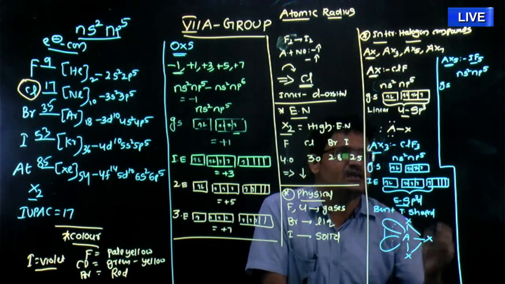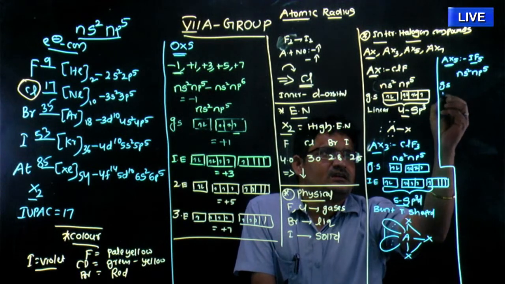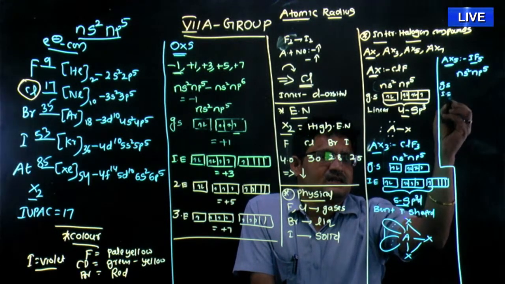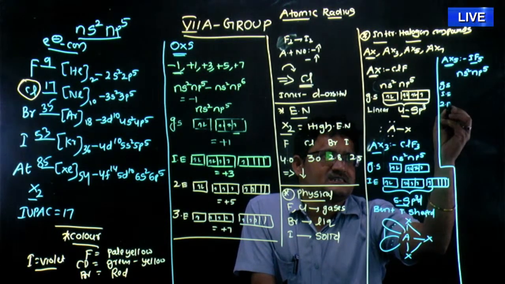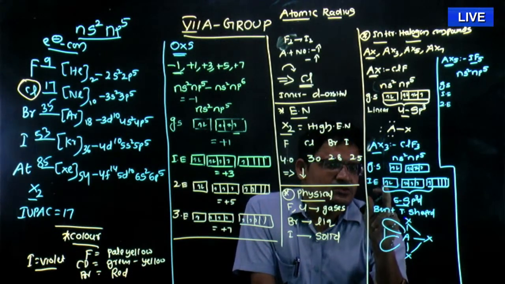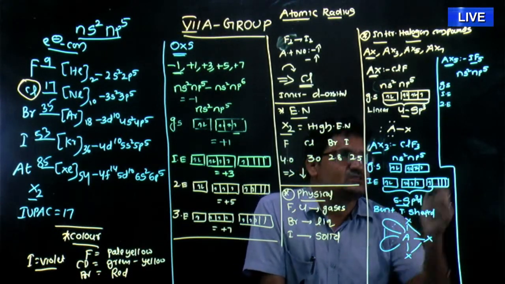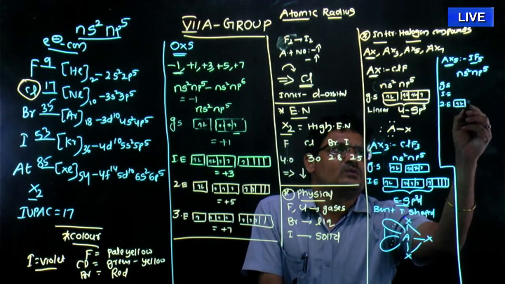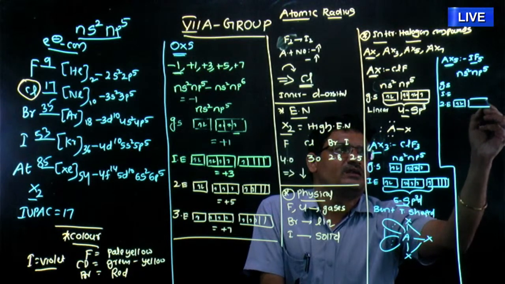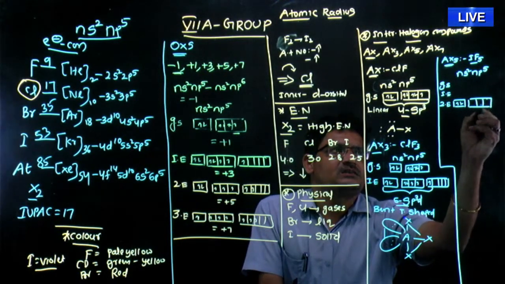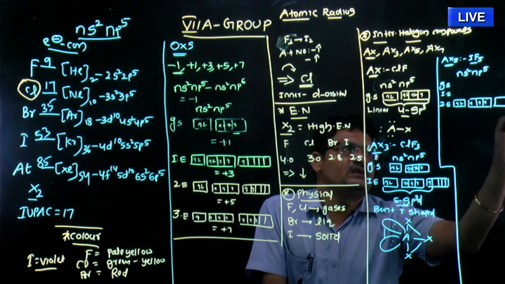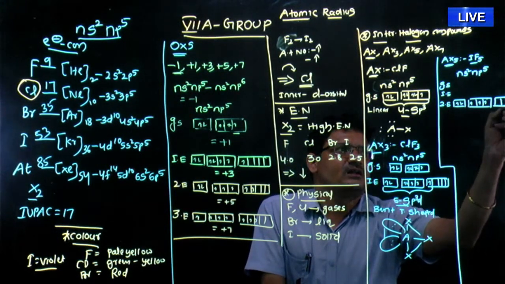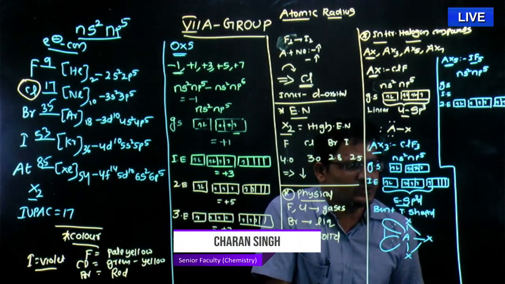Ground state and first excited state we already have, so now you have to write directly the second excited state. This lone pair is represented on this side. The s contains 2 electrons, p contains 3 orbitals and 3 electrons, and d contains 5 orbitals with only 2 electrons.